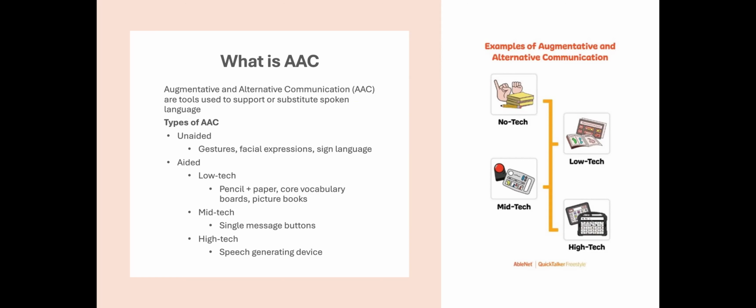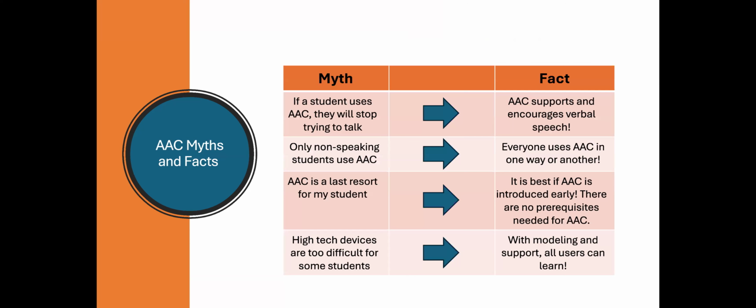So that would be like a pen and paper or core vocabulary book, core vocabulary board, or picture cards. There's mid tech, which is something with some simple technology like a battery. So an example of that would be a single message button. And then there's high tech, which is more sophisticated technology. An example of this is speech generating devices.